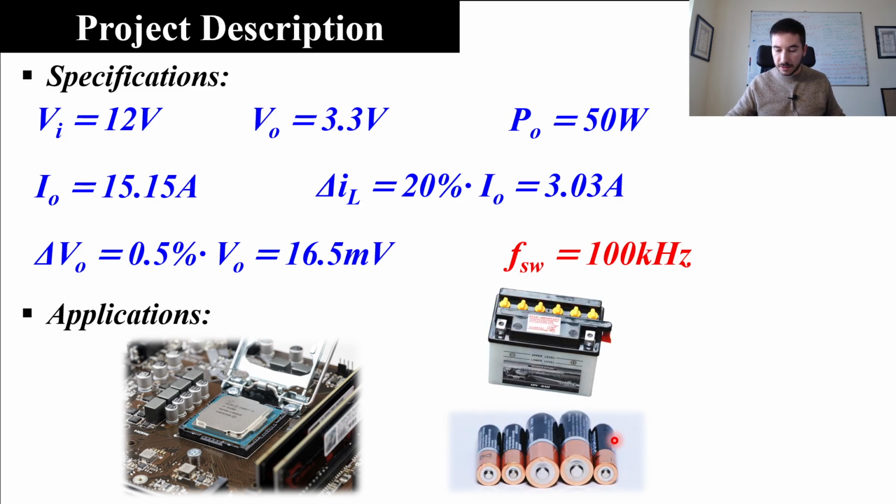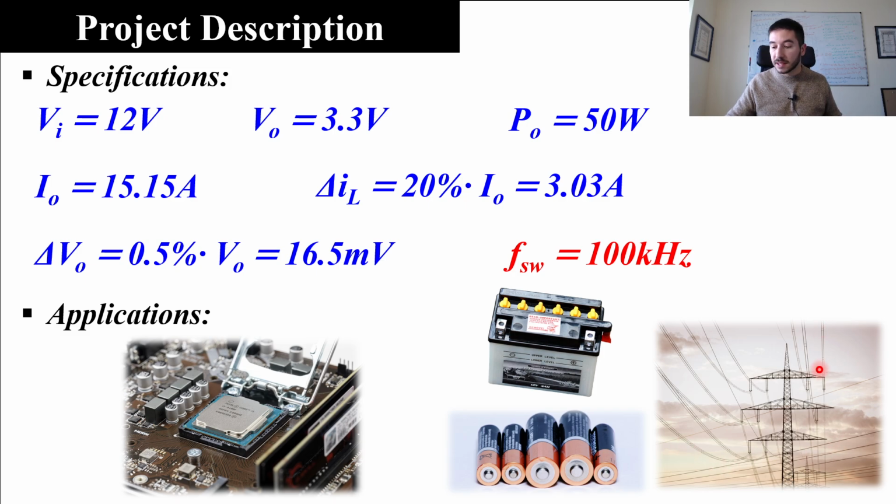So in that case, typically we obtain the power from the grid, we rectify the sinusoidal voltage, we obtain a constant value, and then we reduce that voltage to 12 volts. Okay, that is the input of our converter. Then our buck converter is going to supply the microprocessor with 3.3. But in a general way, we can also consider that those 12 volts come from a battery. Okay, it's a general example.